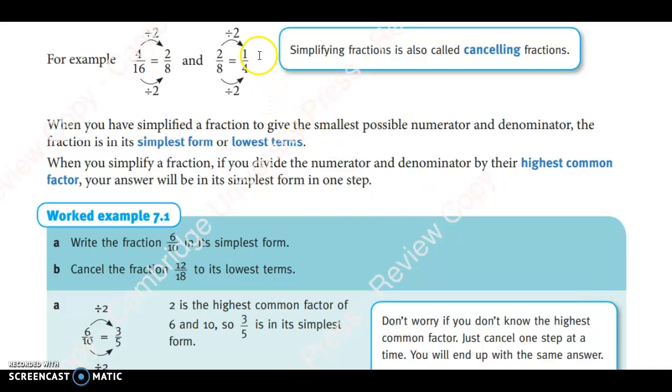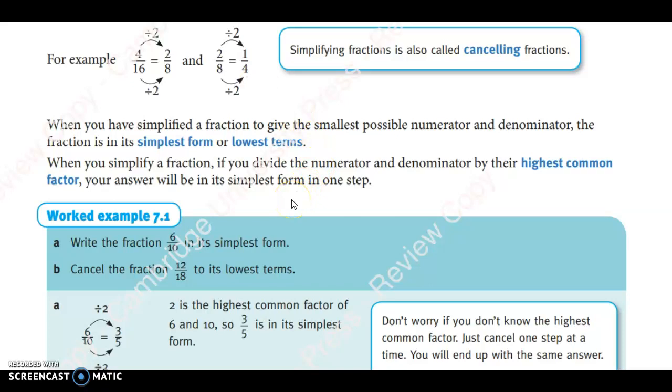Look at this. Can we simplify 1/4 once more? I think no, because 1 and 4 is the simplest form. 1 cannot be divided by another number anymore. So 1/4 is the simplest form of 2/8, 4/16 and 4/8.